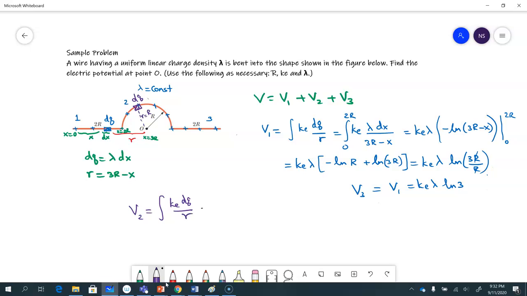I can simplify this: the integral of ke lambda dl over r. So I need some theta here. Perhaps I can call this theta.